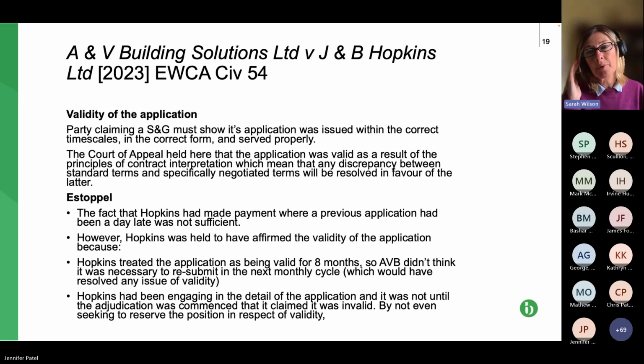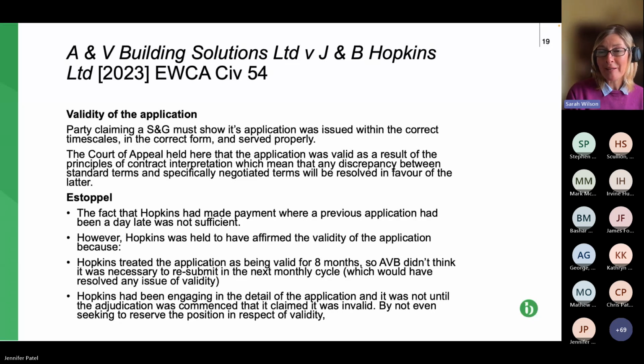So if, for example, you think that an IPA isn't valid, my advice would always be to still submit a payment notice in response to it, but to say, I don't think it's valid, so this payment notice that I set out below is without prejudice to that point, and I reserve my position that it isn't valid. But if it is, then this is my position as to what should be paid.